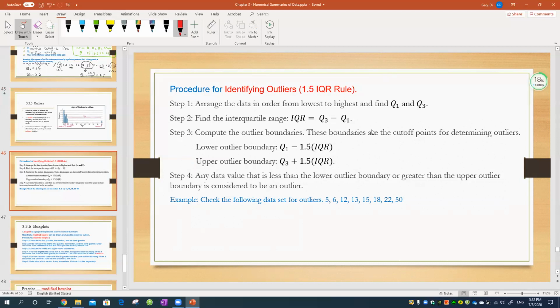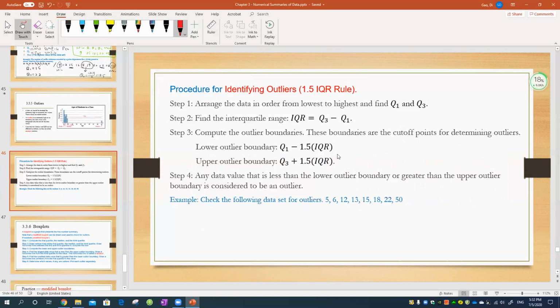And then step 3, we're going to compute the outlier boundaries. We call it the upper and lower outlier boundary. The lower one is going to be 1.5 IQR distance lower than the first quartile, Q1. So we use Q1 minus 1.5 IQR. And the upper outlier boundary is going to be from our third quartile.